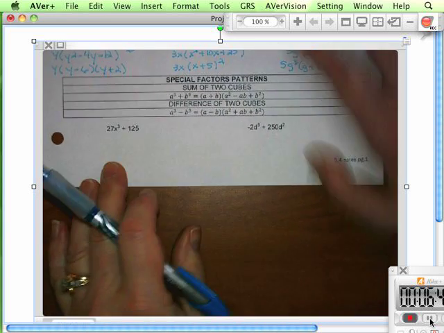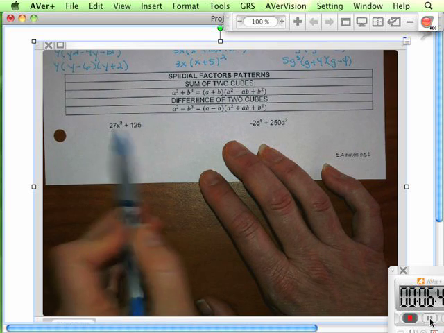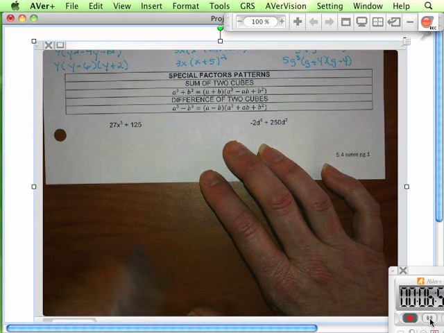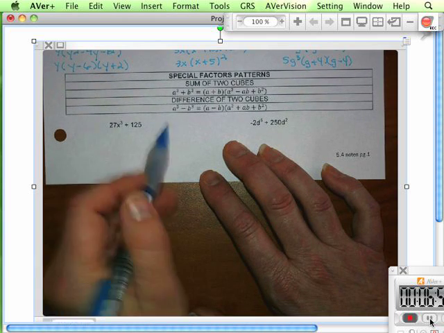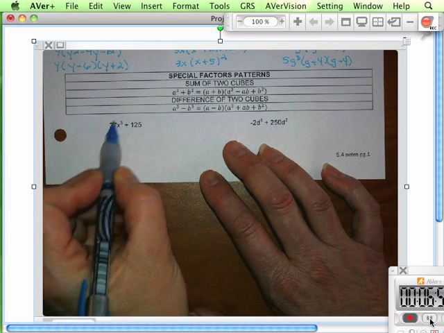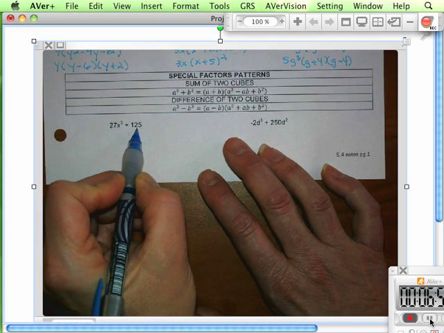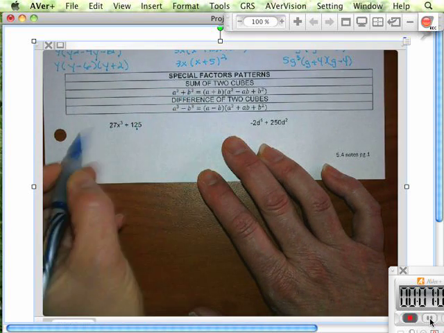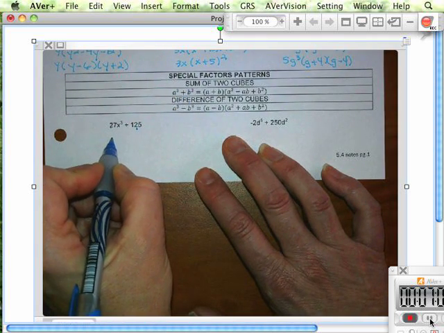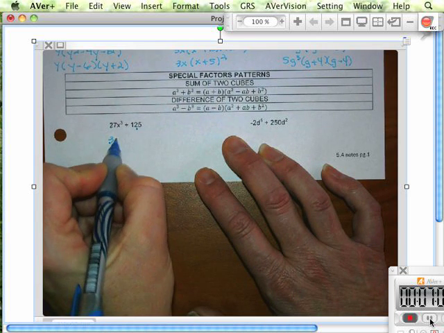Alright, so I've been told I have to factor this. First of all, see if you can divide anything out. You can't. Second of all, sometimes I look to see, okay, this is a perfect cube, this is a perfect cube. So I'm going to rewrite it so it looks like this. The cube root of 27x cubed is 3x, and I'm going to write it like that.